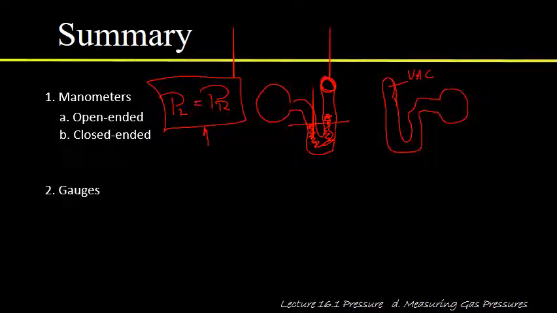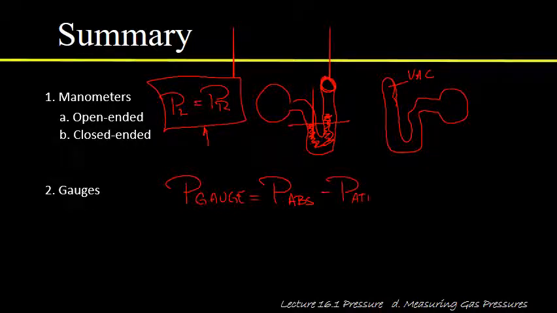And then we also looked at gauges, and the important thing here was to remember that the pressure indicated on the gauge is actually the difference between the absolute pressure and the atmospheric pressure.